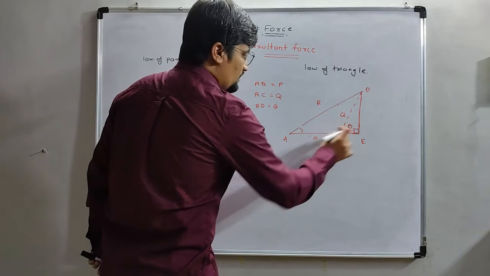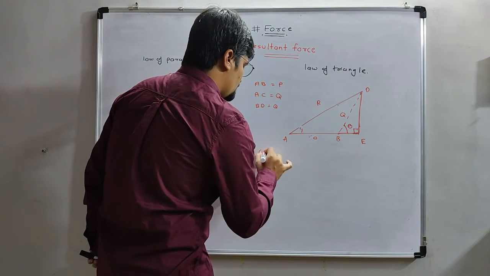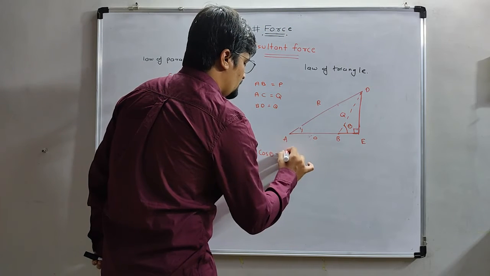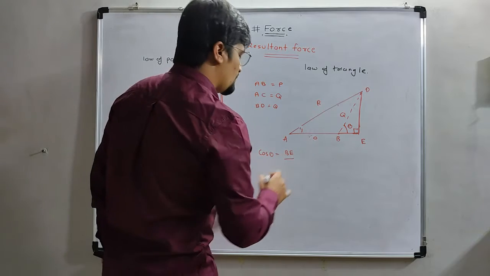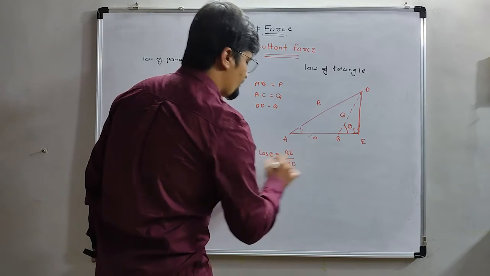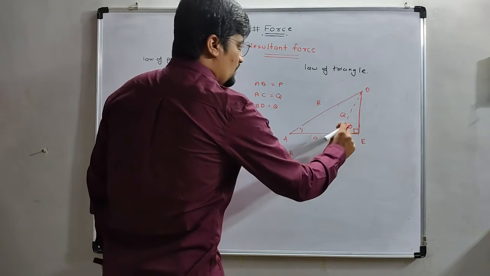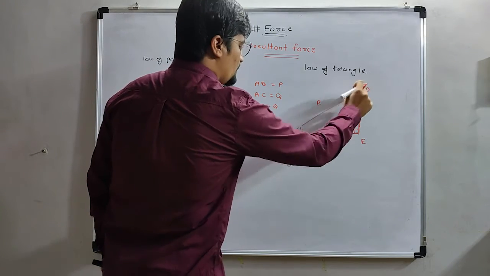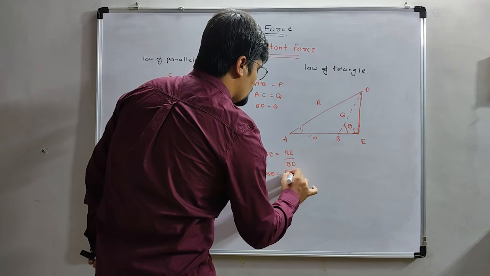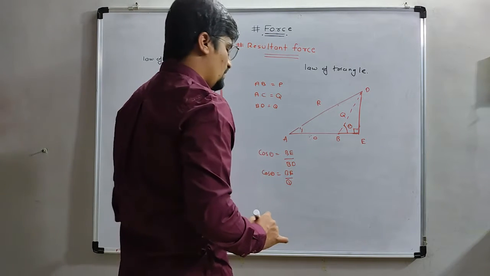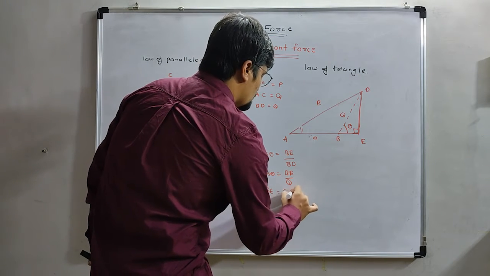So we can say that cos theta is equal to BE by BD. We have the value of BD. Cos theta is equal to BE by Q. It means BE is equal to Q cos theta.